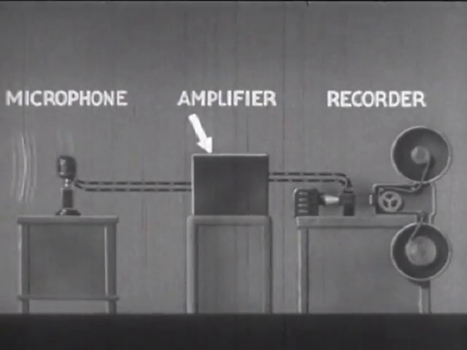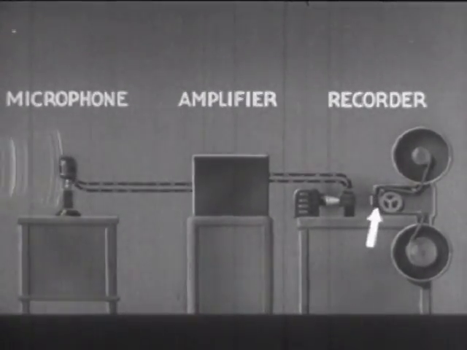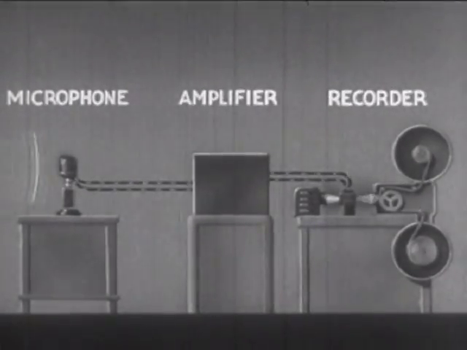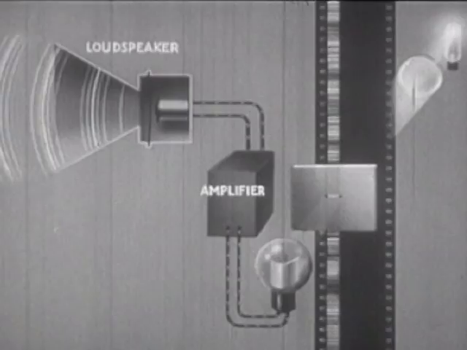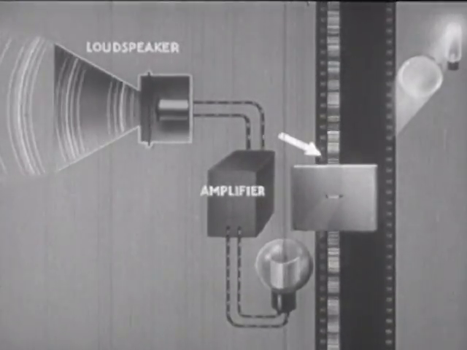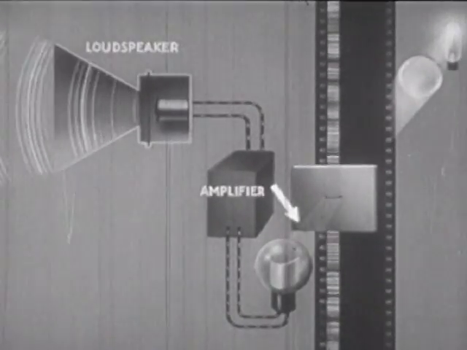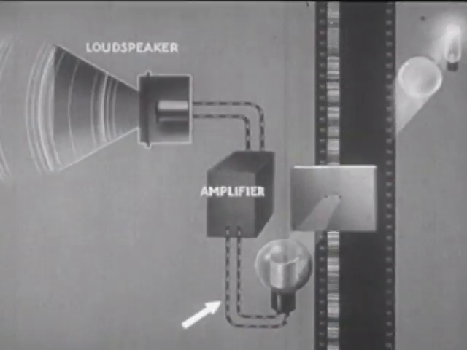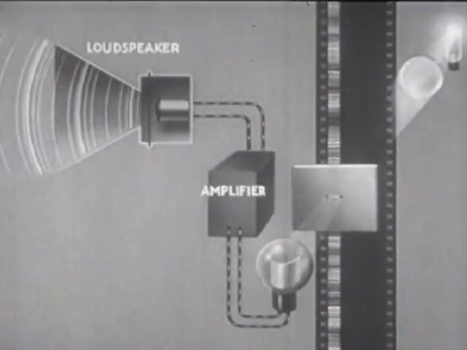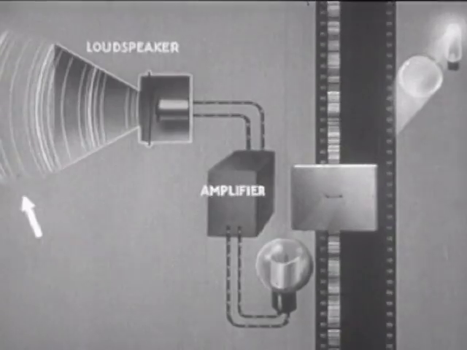The varying electrical current is converted to variations in a light beam, and the varying light beam produces a photographic sound record. In the reproducing process, the photographic sound record is used to produce a varying beam of light. The varying beam is converted into varying electrical current, and the varying electrical current is then converted back into sound waves.